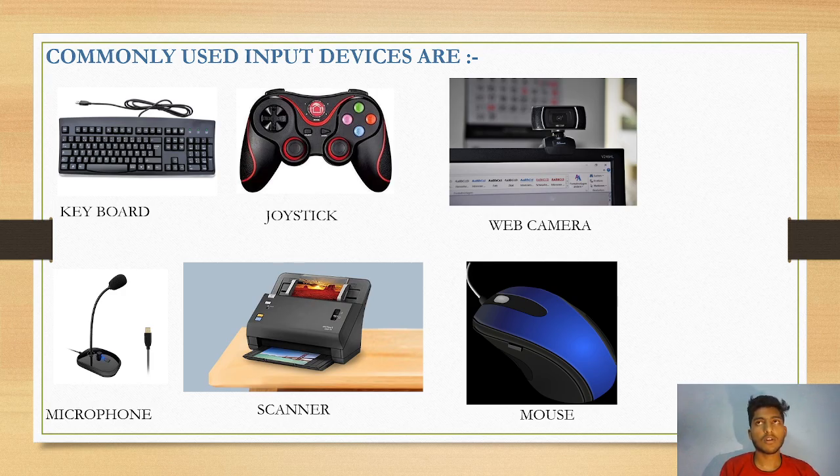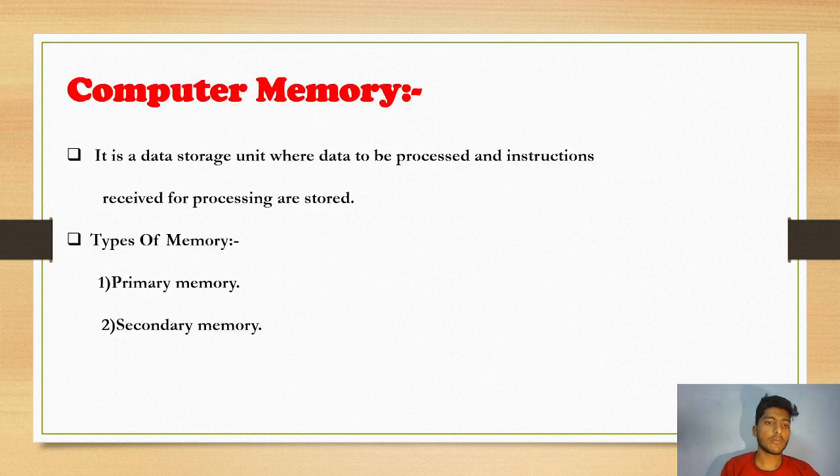The keyboard is used to give instructions using keys. Computer memory is a data storage unit where the data to be processed and the instructions received for processing are stored. The types of memory are primary memory and secondary memory.